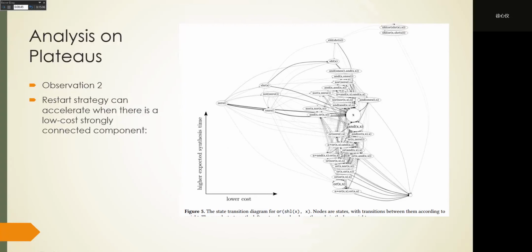There is a relatively more strongly connected component, and it has a low cost.